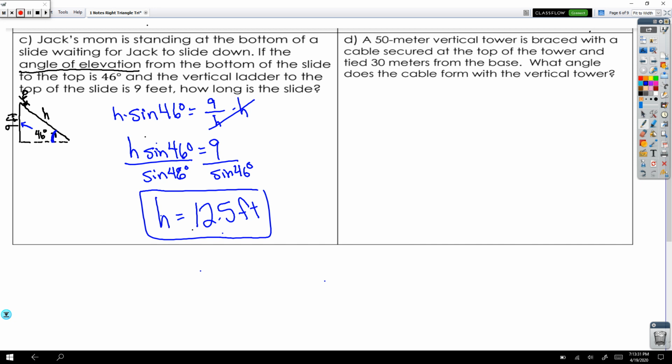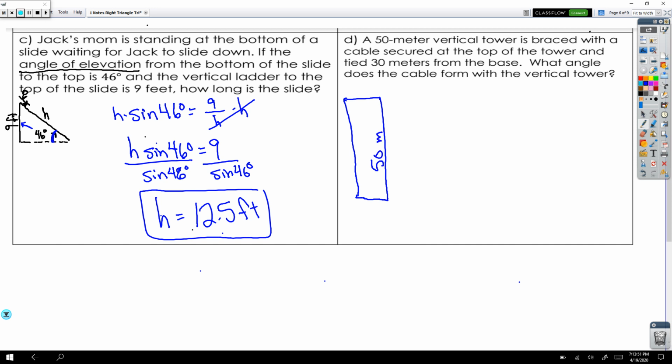Alright, last one here, real quick. A 50-meter vertical tower is braced with a cable. So the tower is 50 meters.